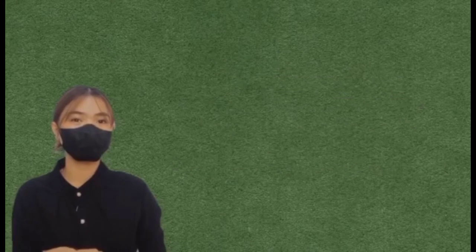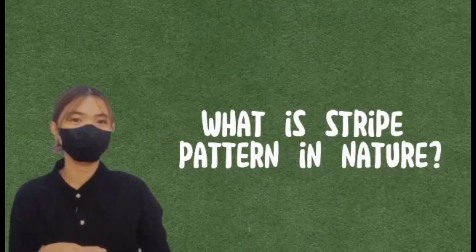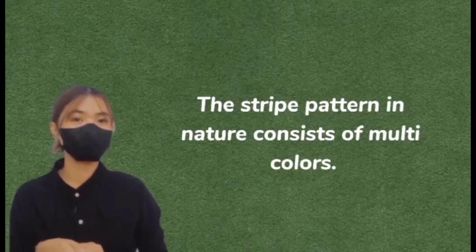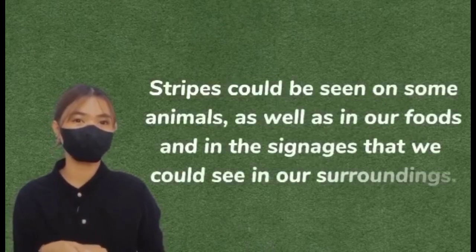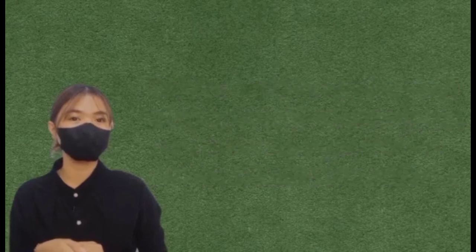There are different types of patterns in nature, but in this case, we're going to discuss the stripe pattern in nature. What is the stripe pattern in nature? The stripe pattern in nature consists of multiple colors. Stripes could be seen on some animals as well as in our foods and in the signs that we could see in our surroundings.